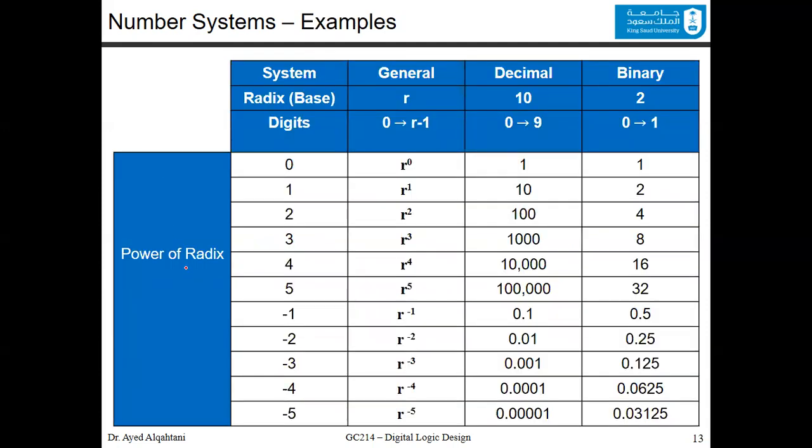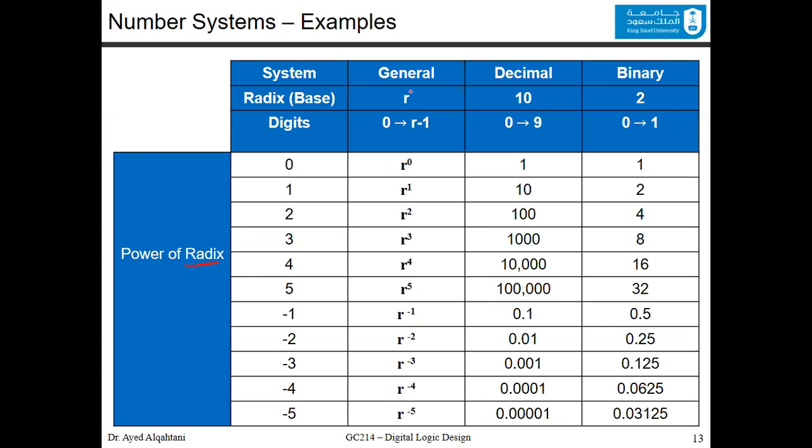So let's have an example of certain radices that are important to us in this class. These are digits from digit 0 to digit 5. So we have 0, 1, 2, 3, 4, and 5. This is on the positive side, and on the negative side, we have -1, -2, -3, -4, and -5. And we want to represent these numbers in a certain radix.